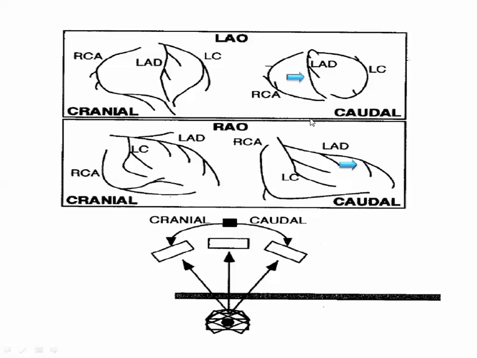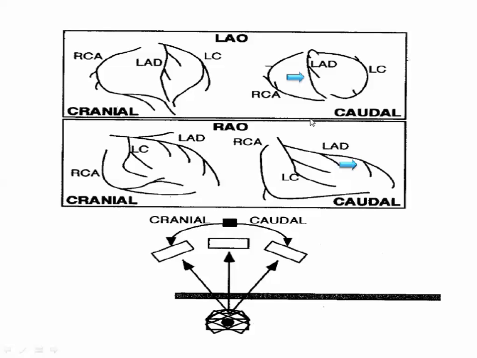So this is the first thing to be remembered. The second: the cranial makes which vessel become more straightened and more inferior to you, so that you can study it well? The anterior.